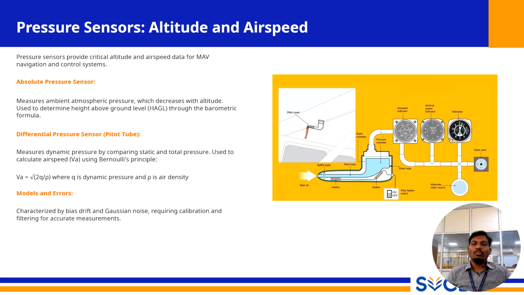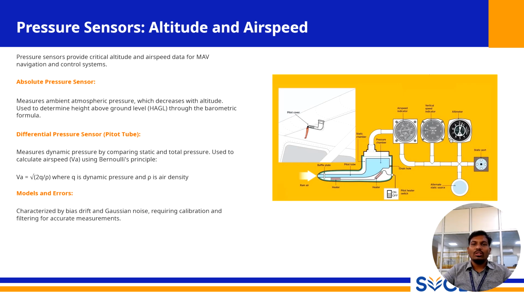The first is the absolute pressure sensor, which functions as a barometer or altimeter. This sensor simply measures the ambient atmospheric pressure. It is a well-known principle that atmospheric pressure decreases with altitude in a predictable way. The sensor leverages this relationship and is used to determine the height above ground level, also known as HAGL, through a parametric formula.